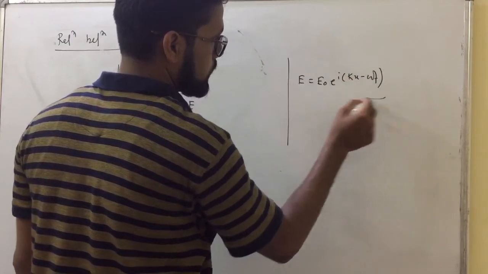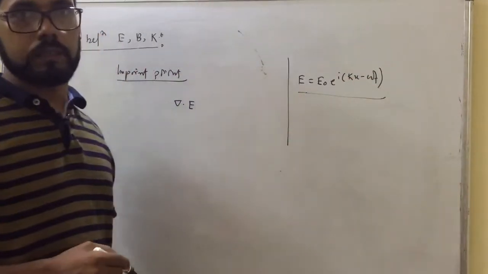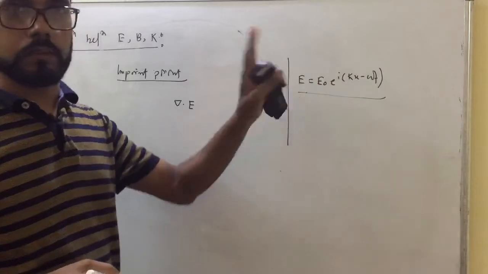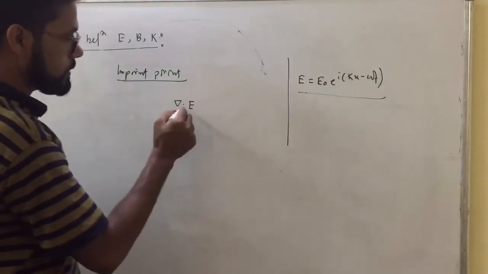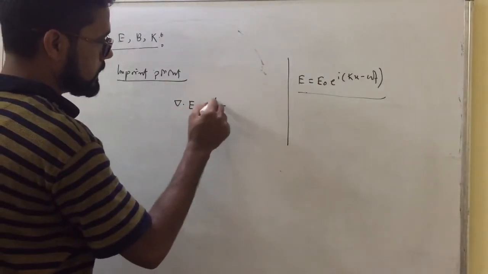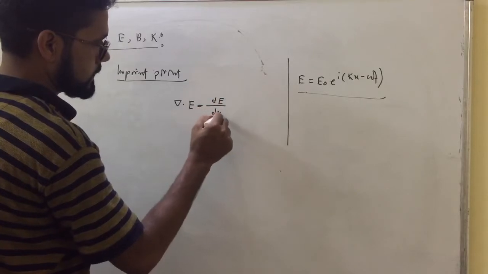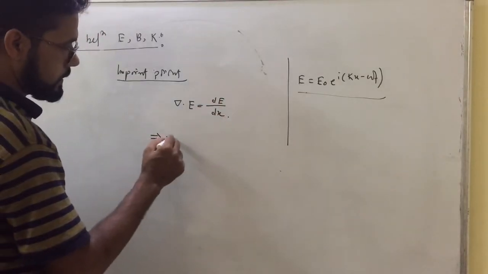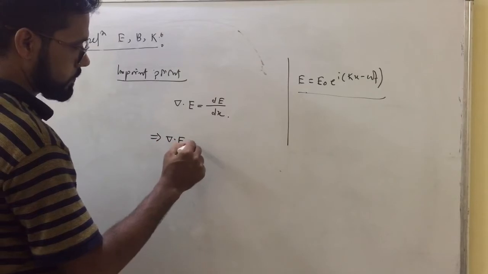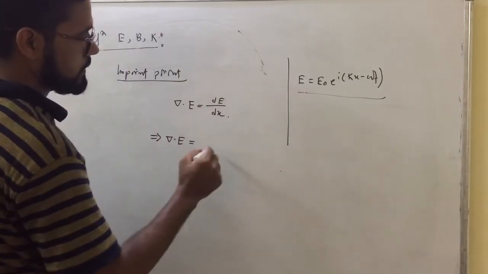This is the solution of the electric field wave equation of the electromagnetic wave, one-dimensional. What is the value of divergence of E? It equals dE by dx. Then if I take the derivative, what happens?